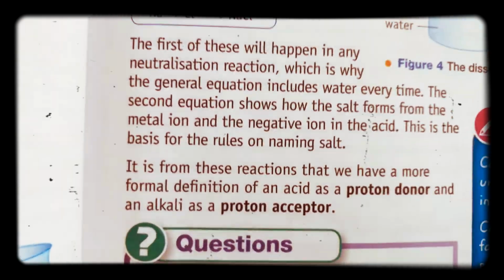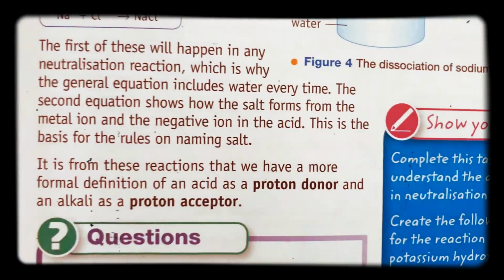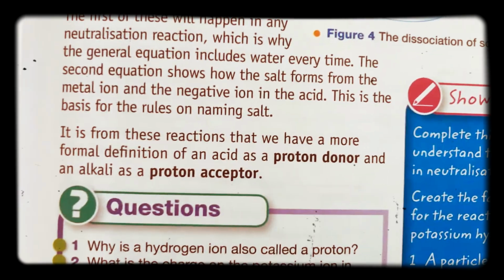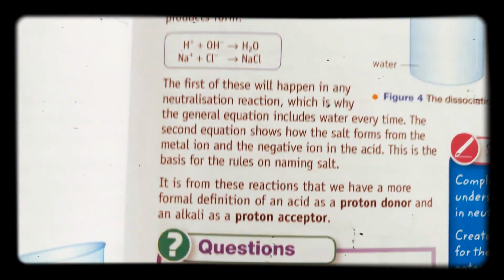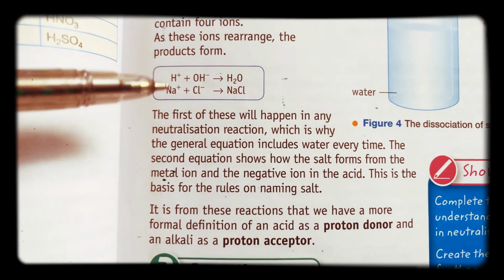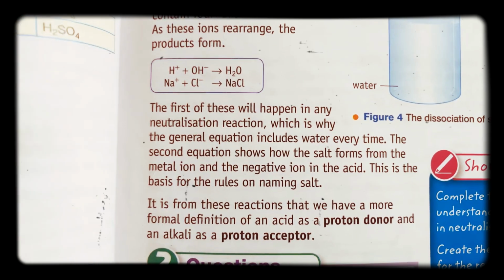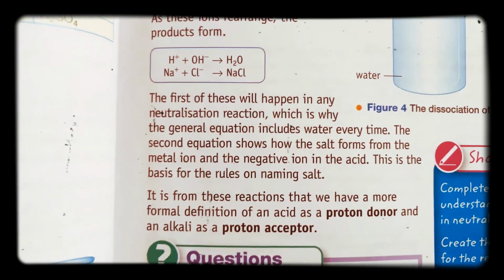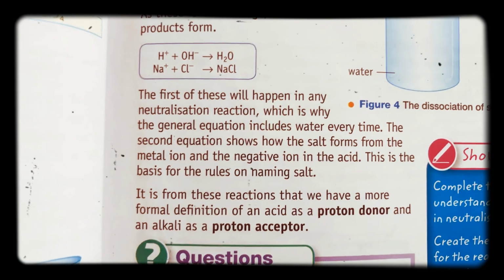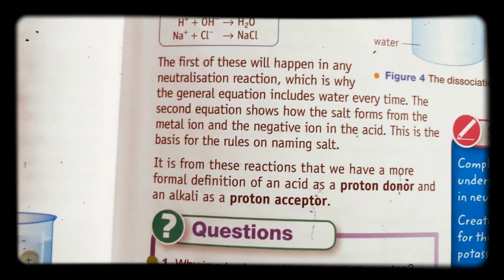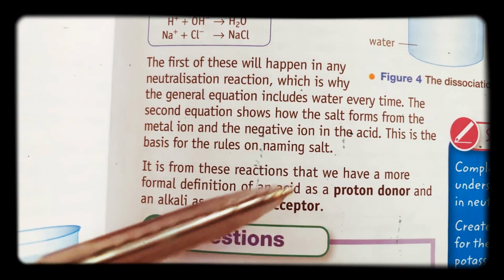Okay? So the general equation for neutralization includes water every single time. The second equation shows how the salt forms from the metal ion and the negative ion in the acid. And that's the basics for the rulings on naming salts. So we can also finally use these two terms over here.